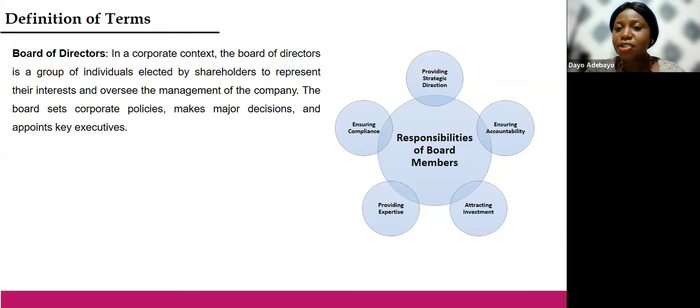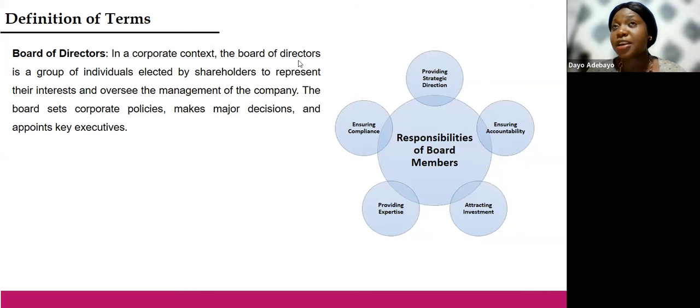Their responsibility again is to provide strategic direction to the organization and also to ensure accountability. They also want to be sure that the company is properly structured to attract investment, to attract investors into the organization, and also to provide expertise. These are people with many years of experience, and they have different types of expertise.